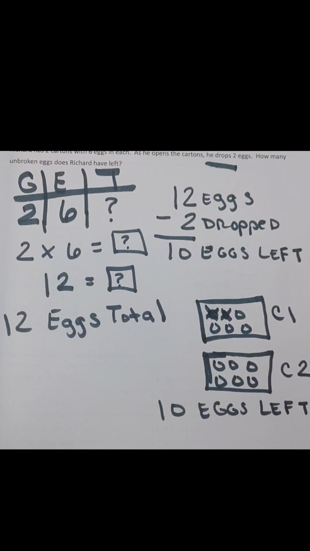Or they could have done a strip diagram, 2 boxes of 6, and then subtract from there. So there are several ways to solve this problem. As long as the answer that they come up with is 10, that's all that matters. Now we're going to go ahead and move on to the problem set.